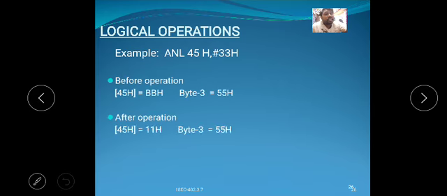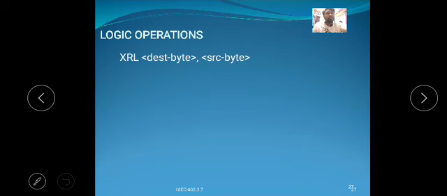Before operation, the address of memory location 45H is equal to BBH. The byte 3 value is equal to 55H. After operation, the 45H memory location is 11H.